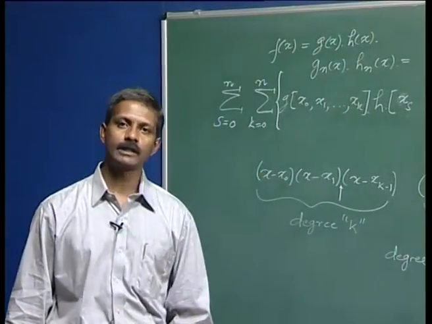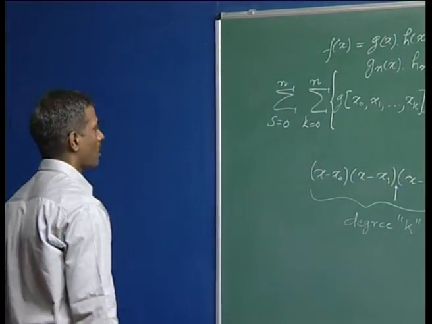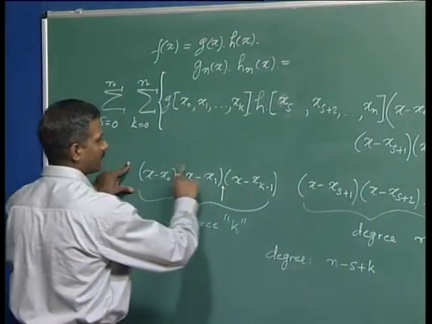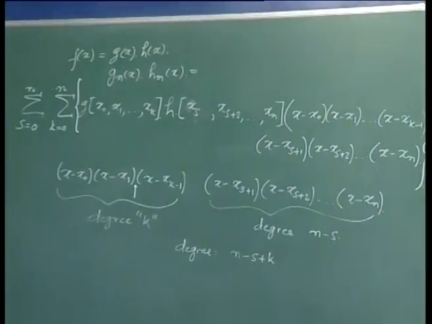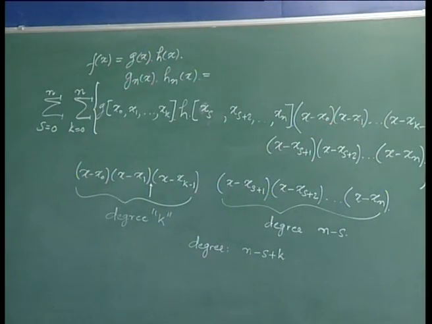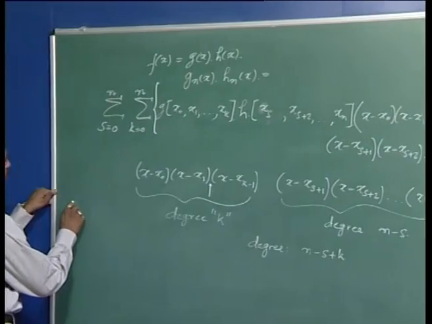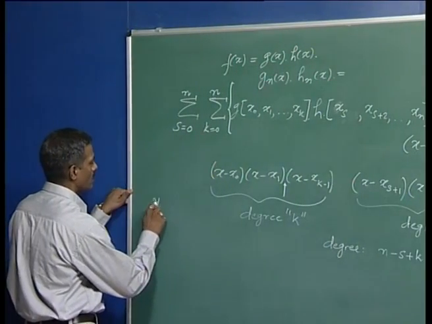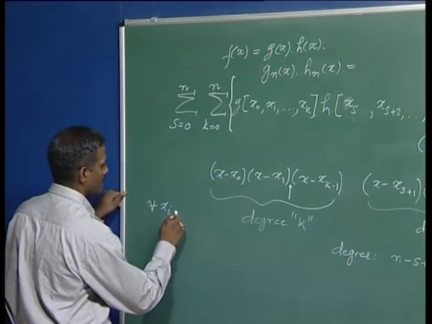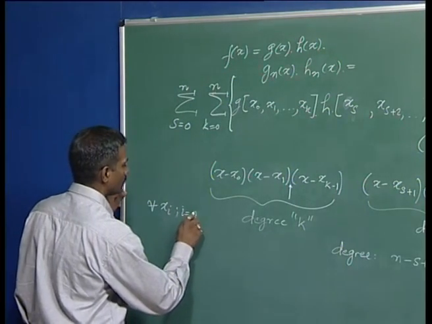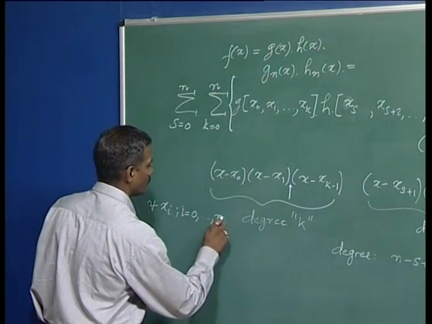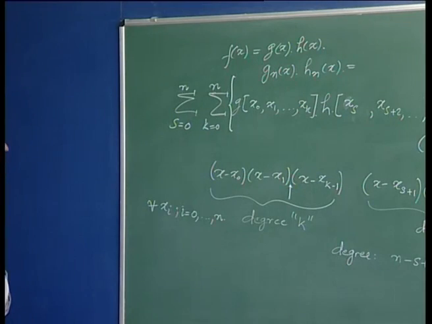What is the consequence? The consequence is that this entire expression will vanish for all xi, i going from 0 to n.